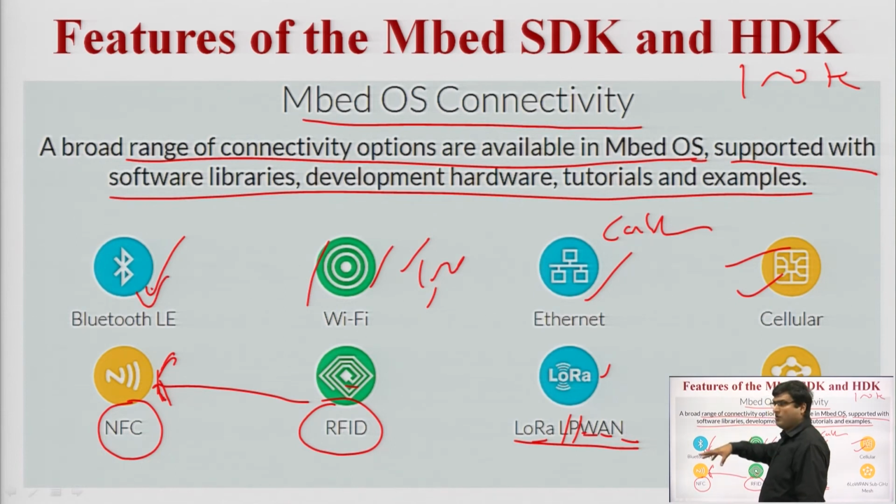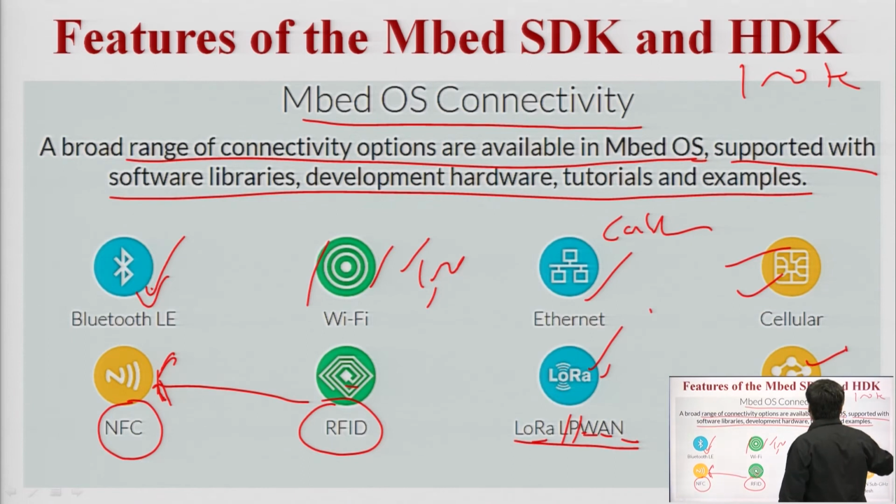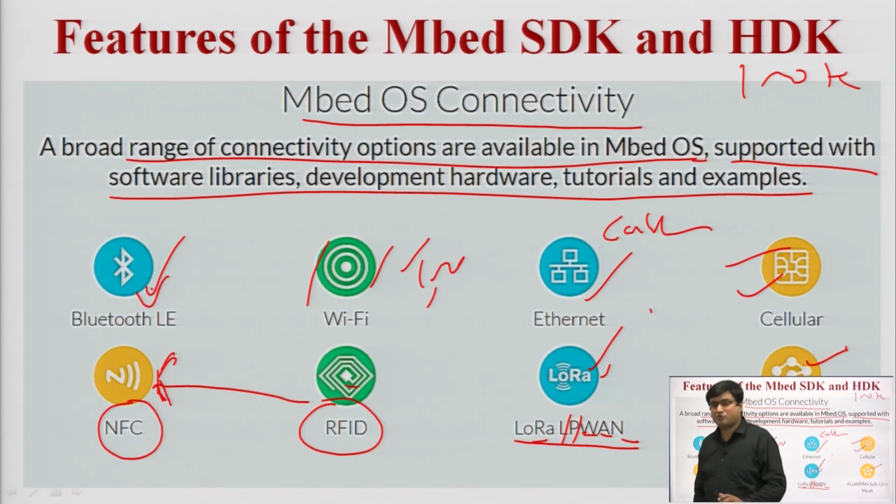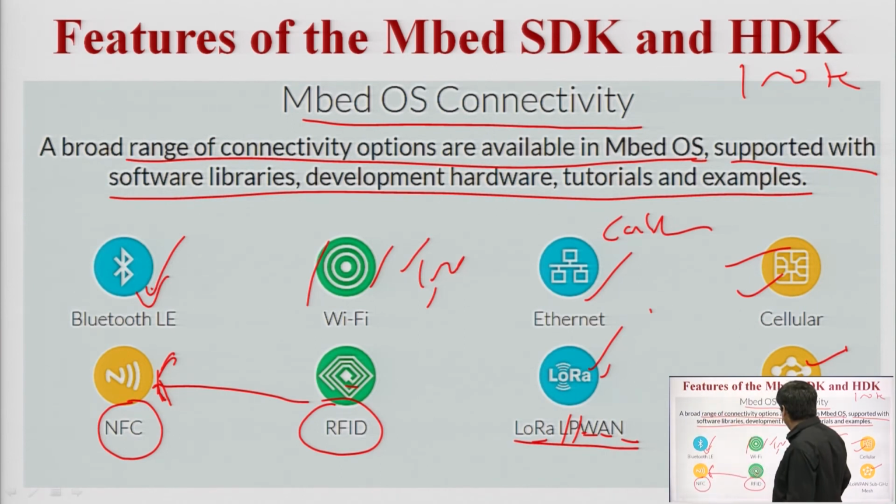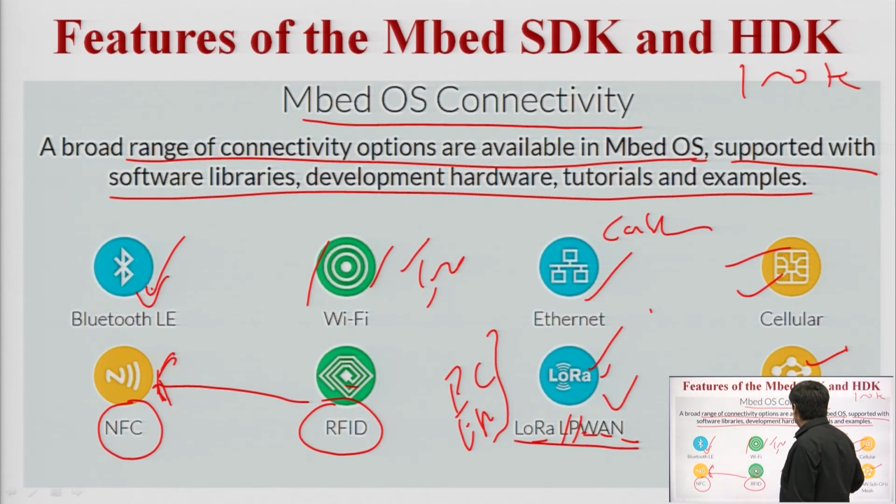These devices can transmit data over a very large range. LP means low power devices. Its power consumption is very low. It is energy efficient, and it is easy to deploy.